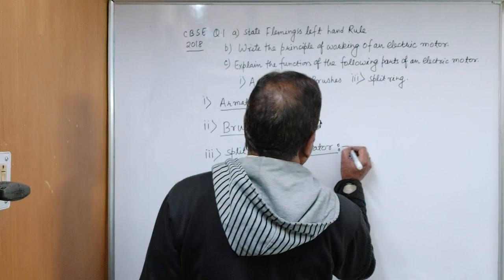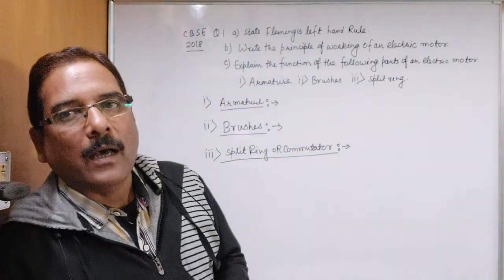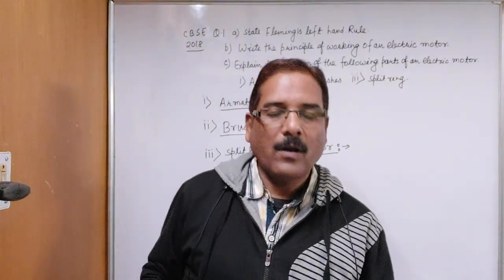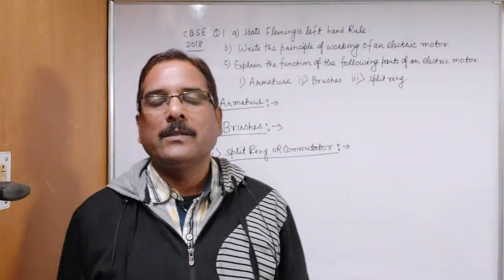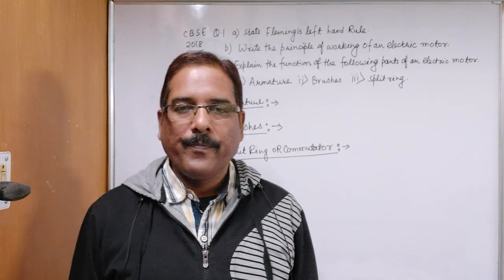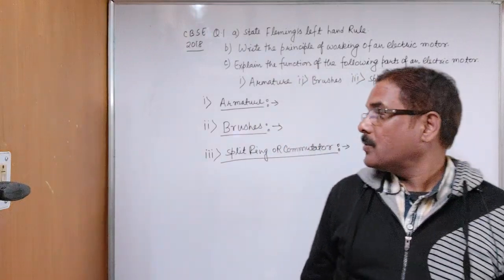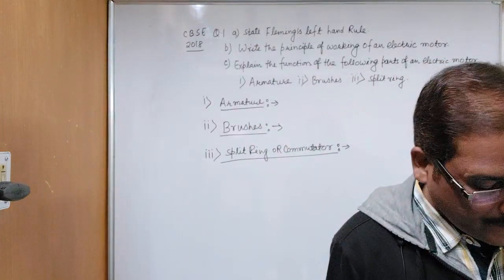So as I have discussed, the split rings are responsible for reversing the direction of current after every half rotation of the rectangular coil. So write about split ring.